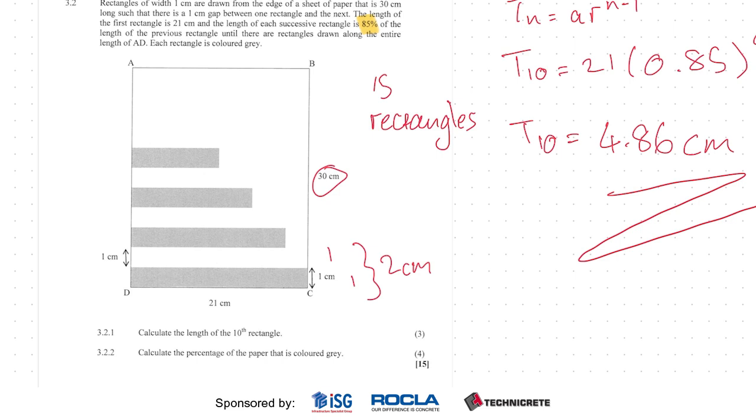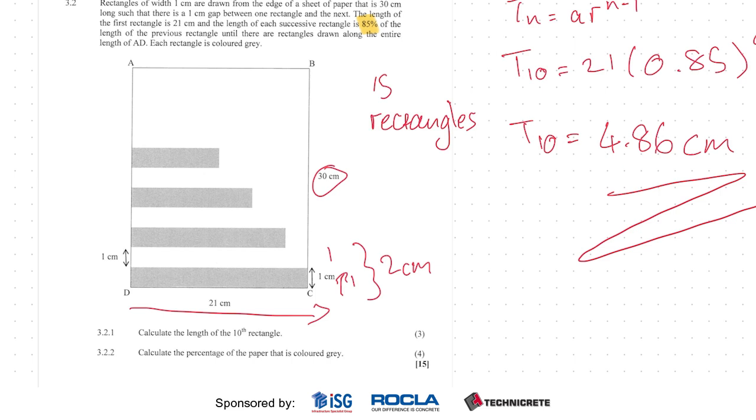Now, we know with each term, we're getting the length, and we know that they all have the same width. So we can figure out the area. We can do a sum of the sequence to figure out the total area of our rectangles, because we'll just multiply all of them by 1 to get the area.